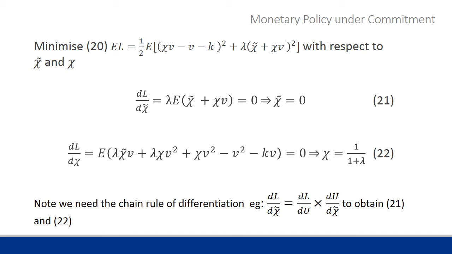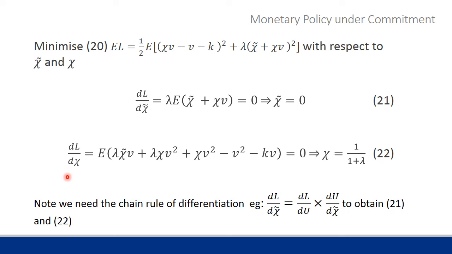To find the optimal values of phi tilde and phi, we can differentiate the expected loss function with respect to phi tilde and phi. So dL/d phi tilde is equal to lambda times the expectation of phi tilde plus phi v. The expectation of v is equal to 0, so we just have phi tilde equal to 0. So the optimal fixed inflation target rate is 0%.